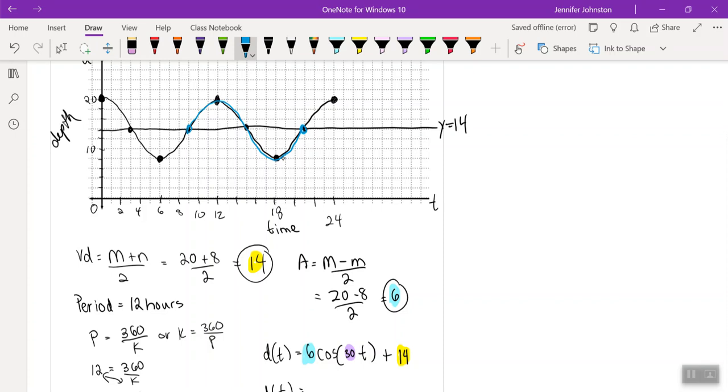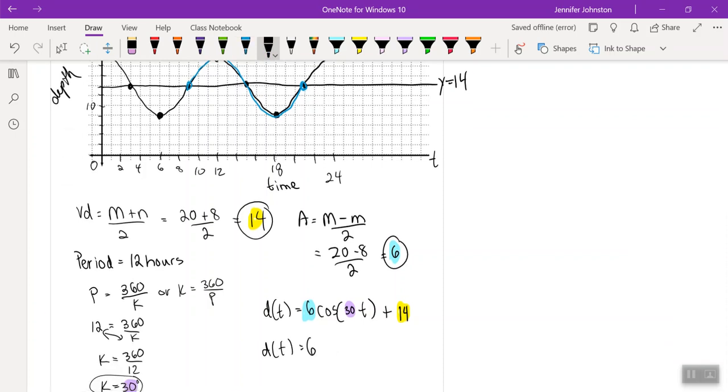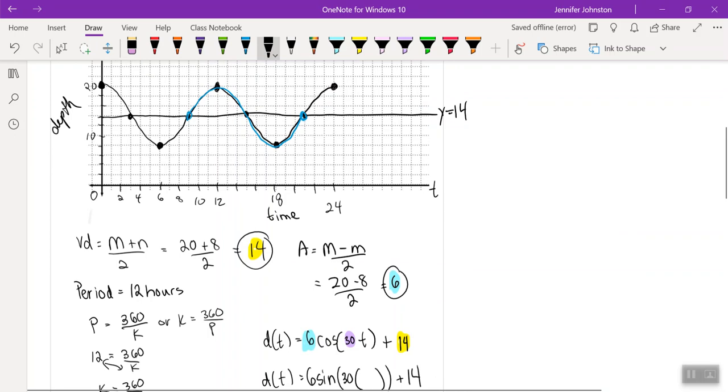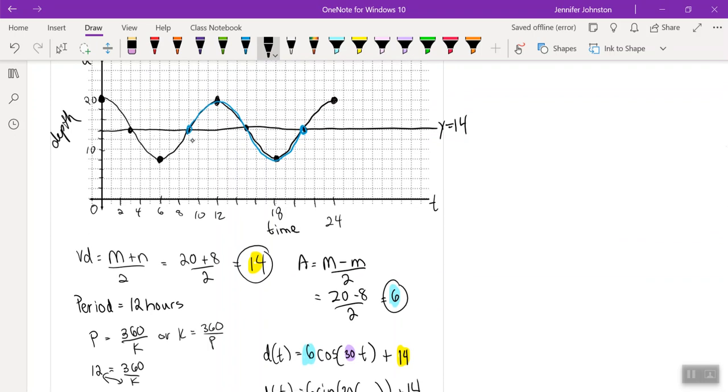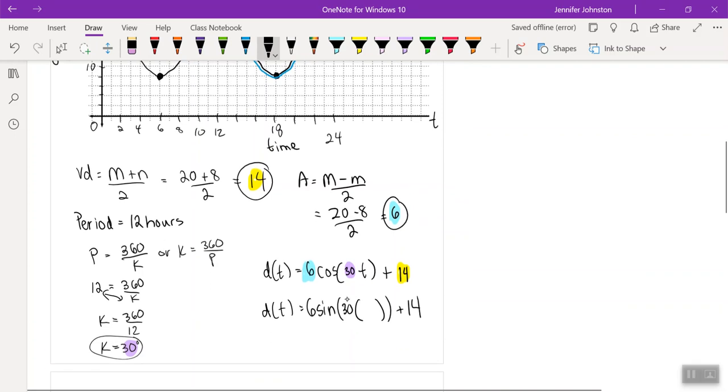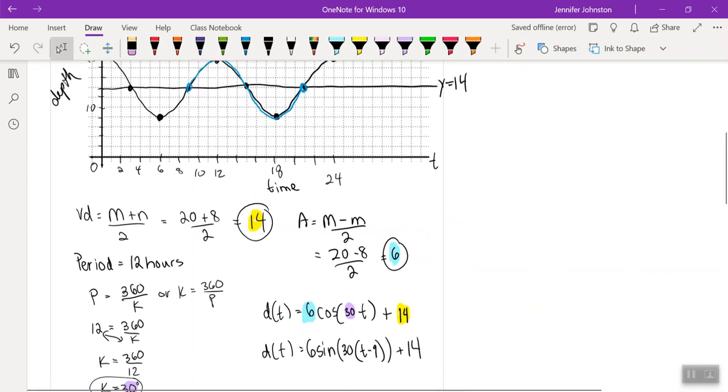If you wanted to look at sine, sine is the exact same, 6 sine 30, but we will have a phase shift. Where is it starting? It's starting at 9 to the right. So that means we're going to have t minus 9. These are the exact same equations. They just look a little different because it just depends on where you want to start.